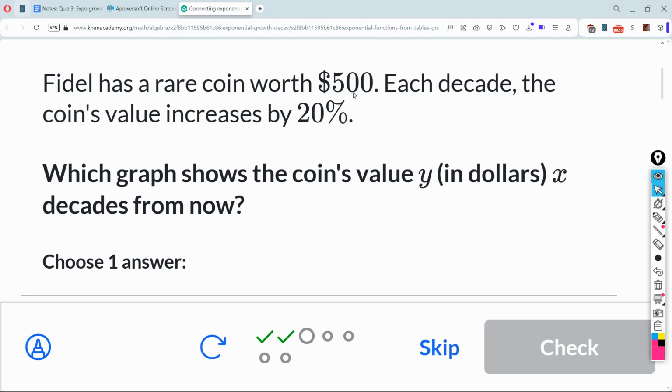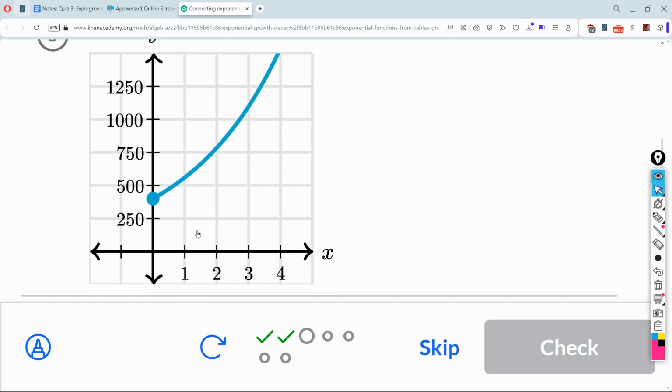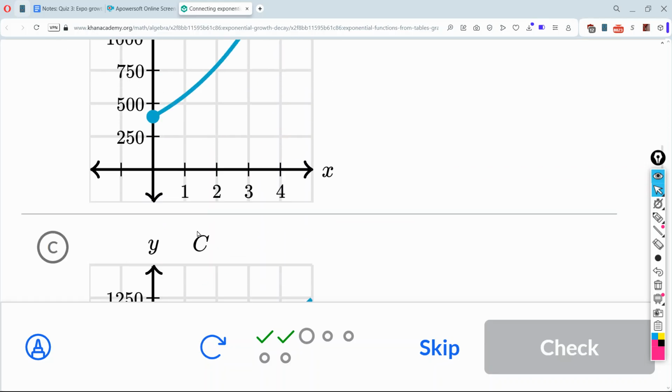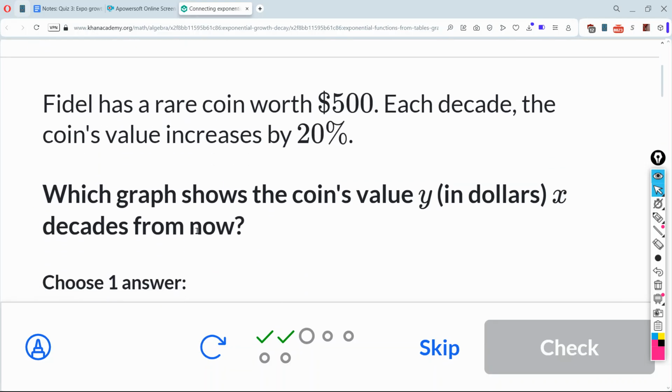All right, Fidel has a rare coin, $500. Each decade, it goes up by 20%. Which graph shows the coin's correct value? I say we write a little equation first.